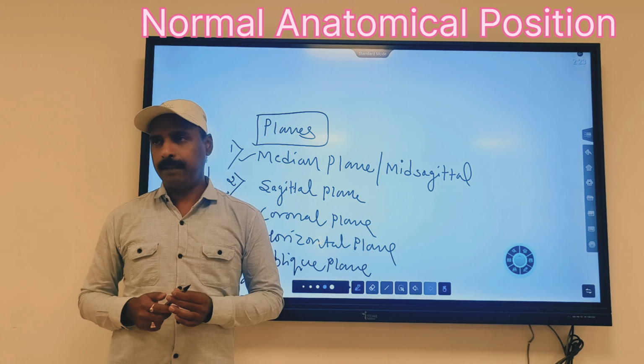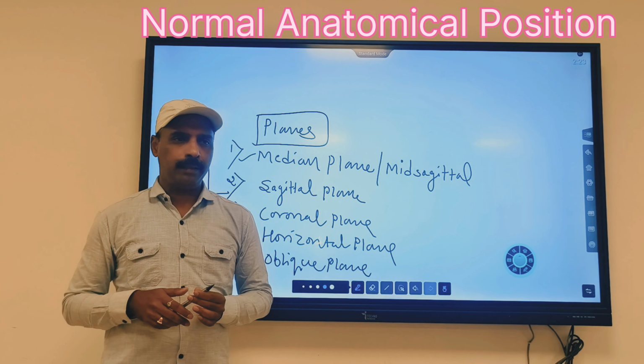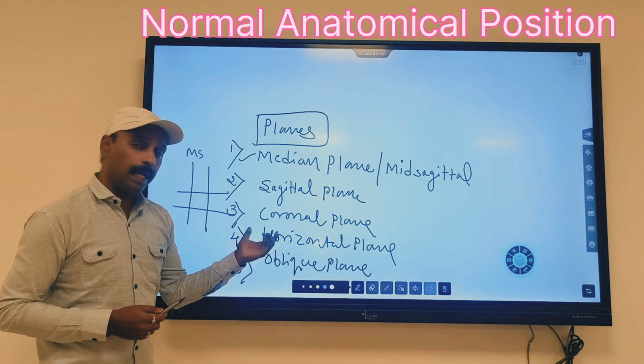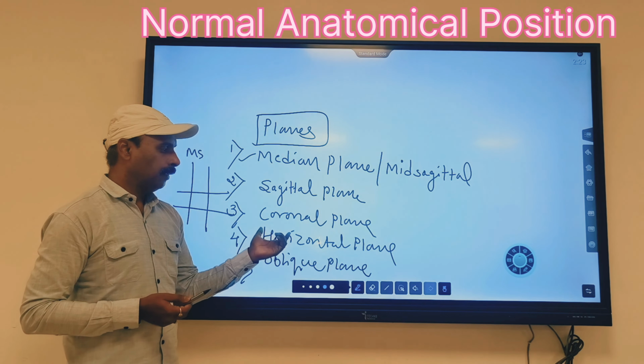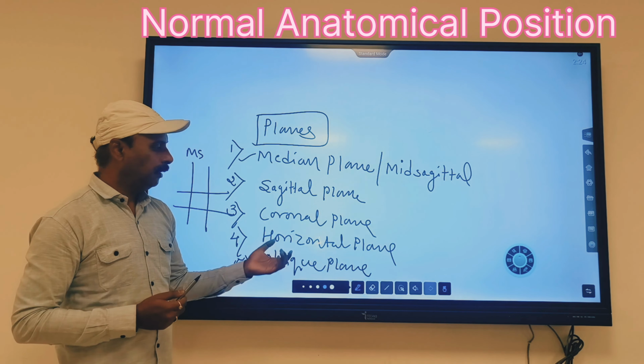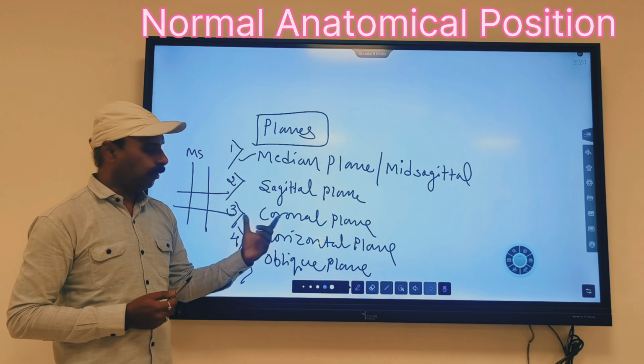It appears to be the meeting point of the ground and the sky, but we use that word, and that gives the horizontal plane.